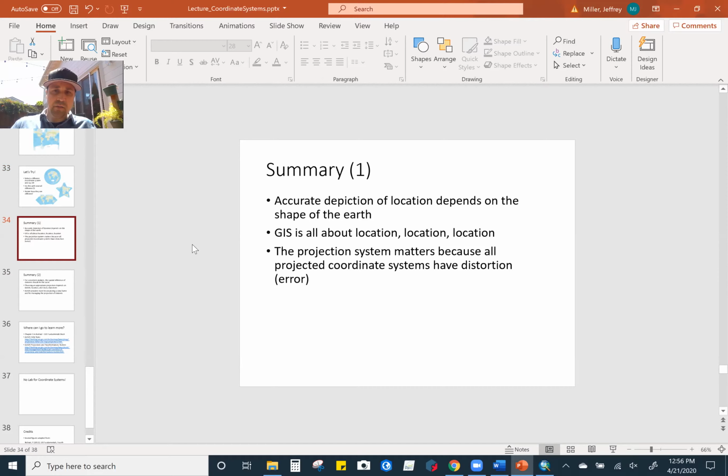Great. So just to summarize, all right, accurate depiction of the Earth's location depends on the shape of the Earth and whether that's a sphere, a ball, ellipsoid. If we're using geoid, that makes a difference, right? Location and a projection system matters, but all projected coordinate systems are going to have some type of distortion or error, okay?